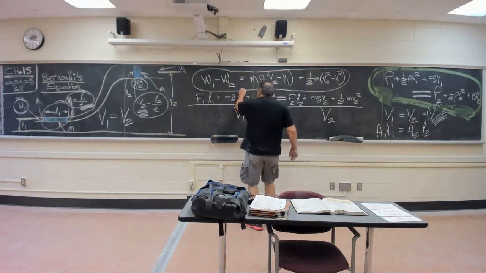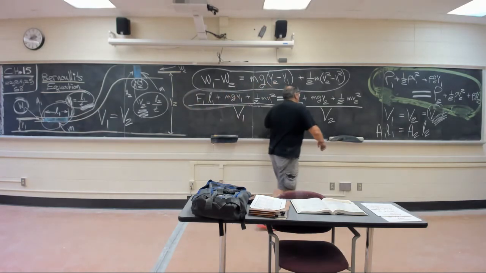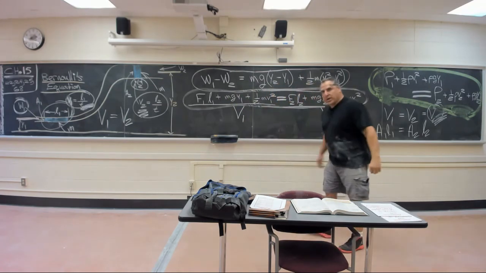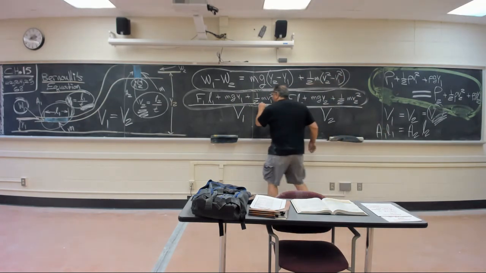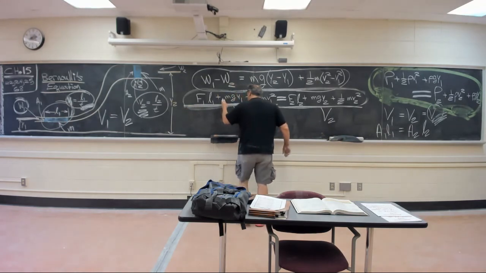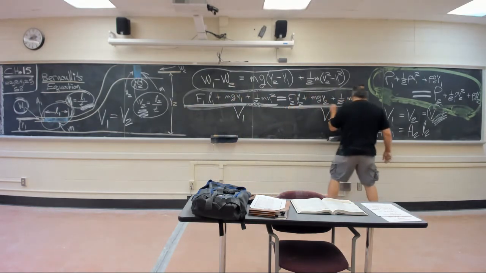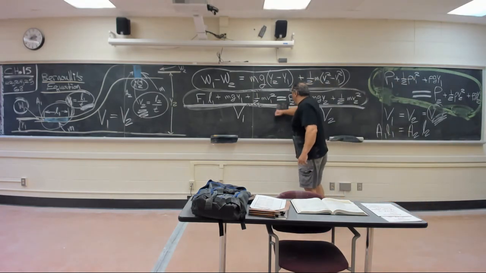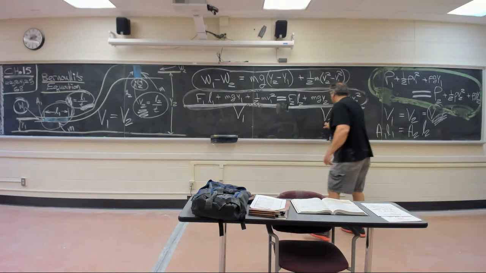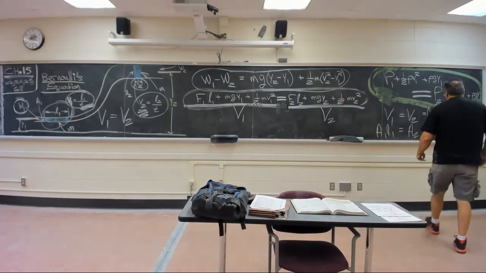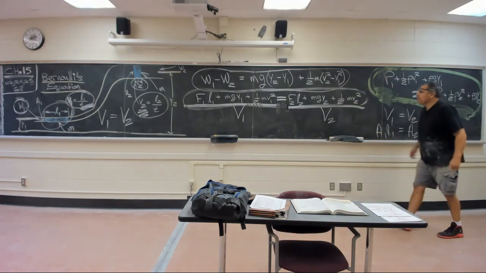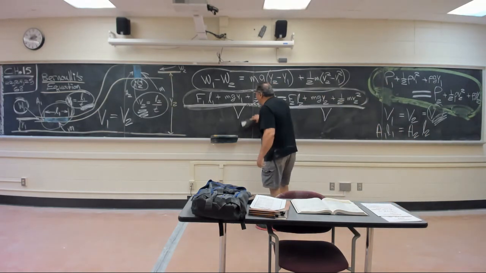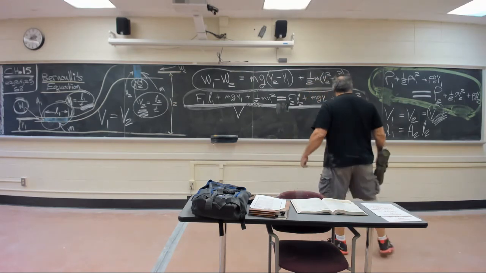This was an equation based on the song and dance that I was trying to deliver earlier. That's an equation. I agree with that. But if you divide by something on this side, you have to divide by the exact same something on that side. Volume V1 equals volume V2 equals volume. So they are identical. So you can leave it there or not leave it there. That's not a big deal.